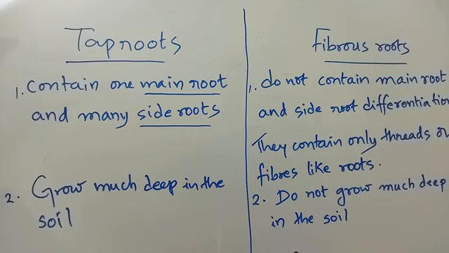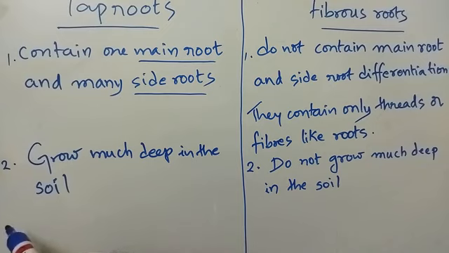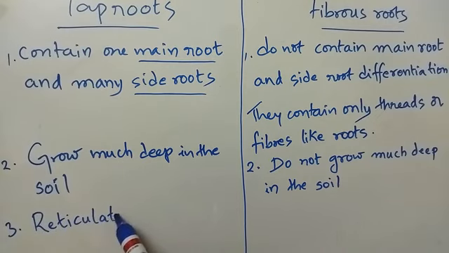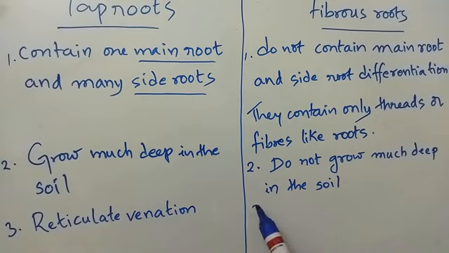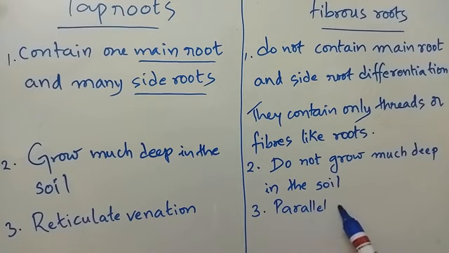Right? Tap roots containing plants have reticulate venation in leaves, whereas fibrous roots containing plants have parallel venation in leaves. Right?